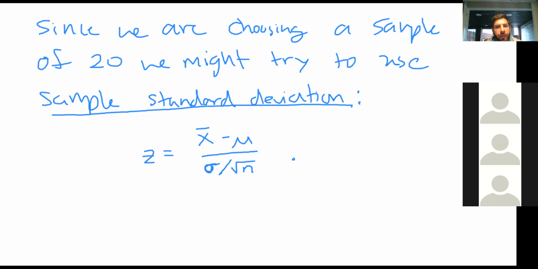So there's some thinking about with this formula. I now have this bar above the x, because remember, we're talking about means. So what is x bar? That's the sample mean.